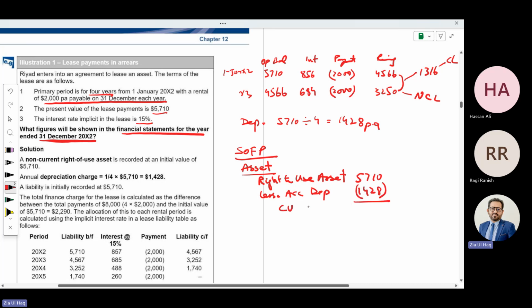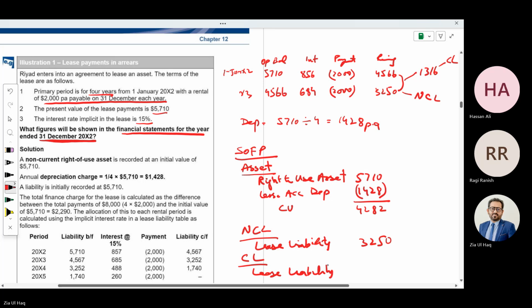The carrying value will be how much? 4282. Under non-current liability, lease liability will be 3250. And under current liabilities, lease liability will be 1316.